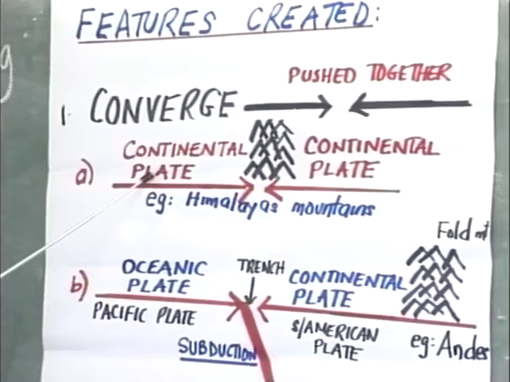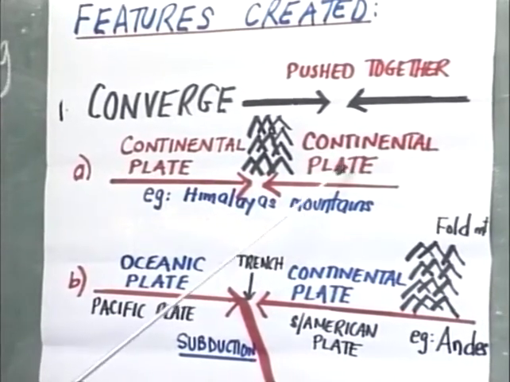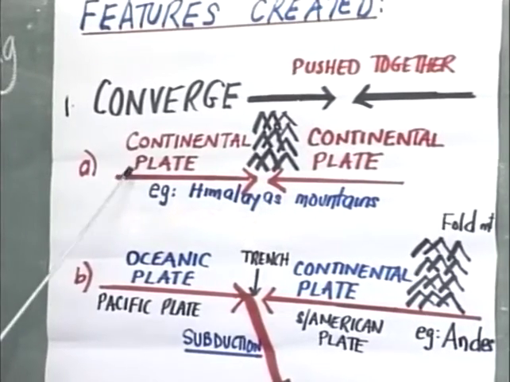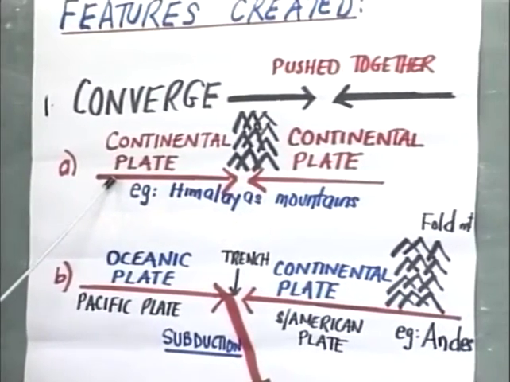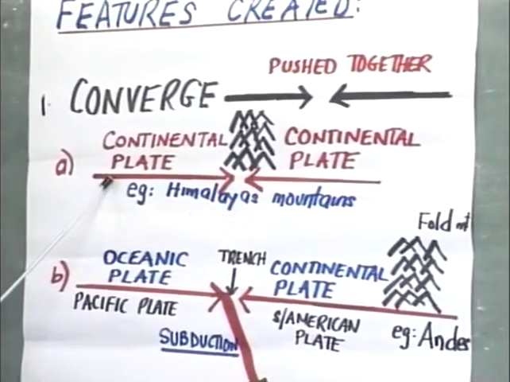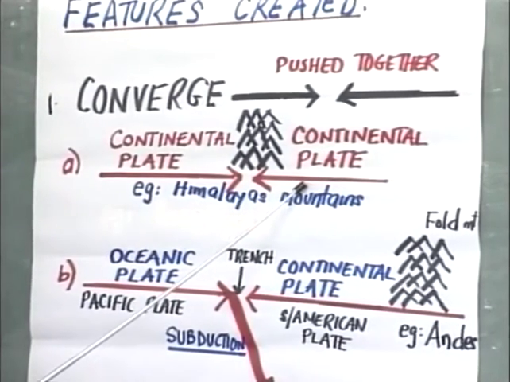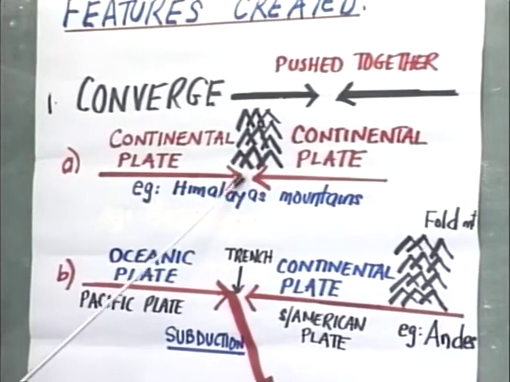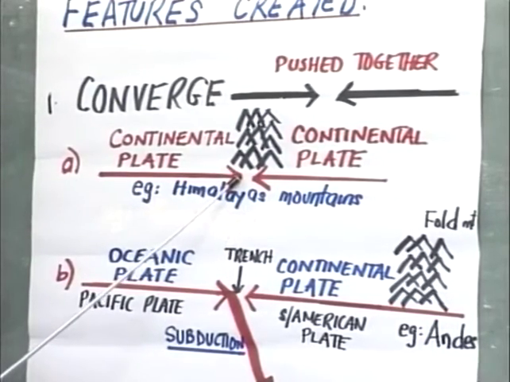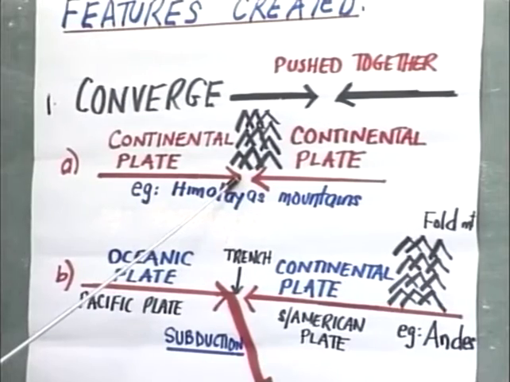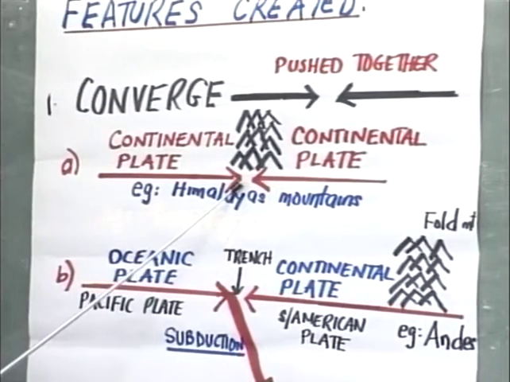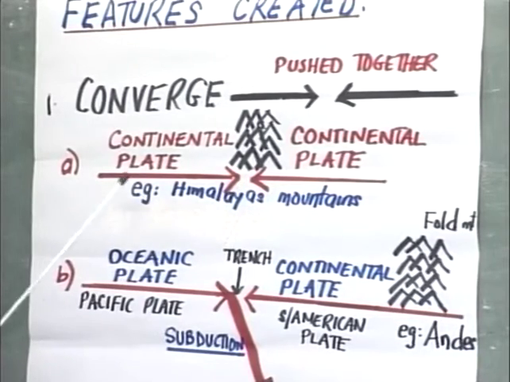If we have a continental plate meeting another continental plate, like the Indo-Australian Plate, which the country India actually sits on, meeting up with the Euro-Asian Plate, then what is created along the boundary is the uplifting or buckling of the Earth's crust. And when that happens, fold mountains are formed. And we can look at an example of the formation of the Himalayas.